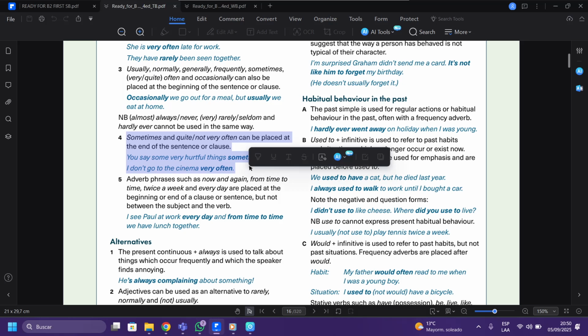This one. What is the part that you don't get? Because in this part it says that sometimes and quite, or not very often, can be placed at the end of the sentence, as you can see there in the examples.